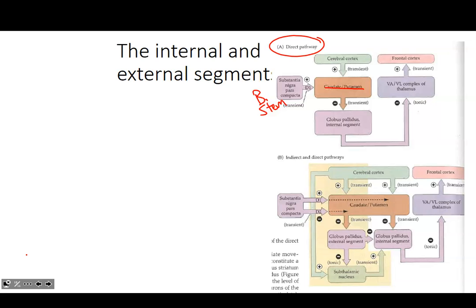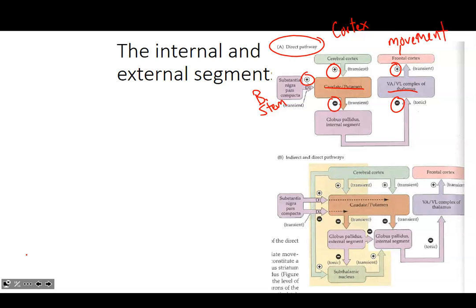And these are cortical cell bodies and their axons project down into the caudate and the putamen. But they're both providing excitatory drive. That excitatory drive inhibits the tonic inhibition here and allows these cells in the thalamus to provide excitatory input to the cortex, which results in movement. Okay, we've been over that now a couple times.